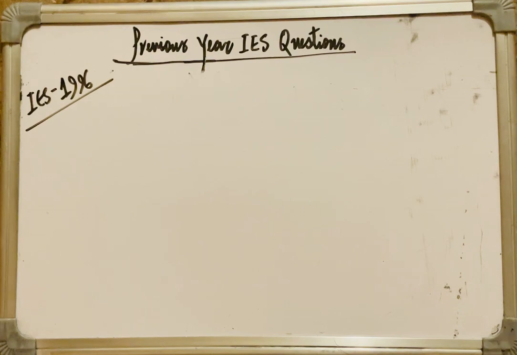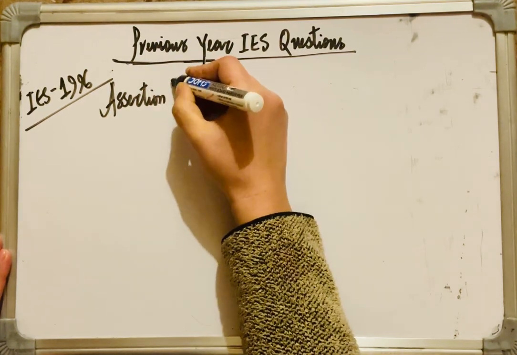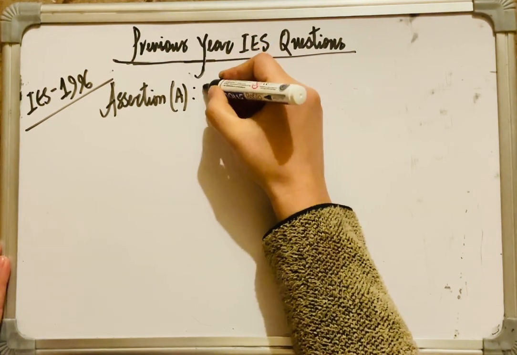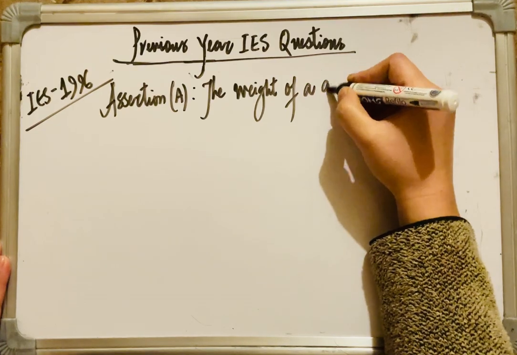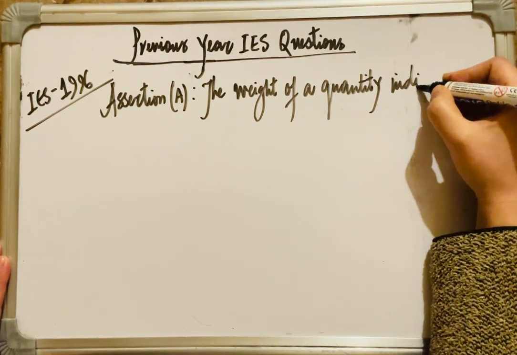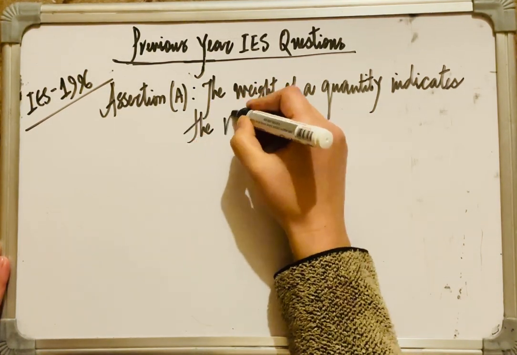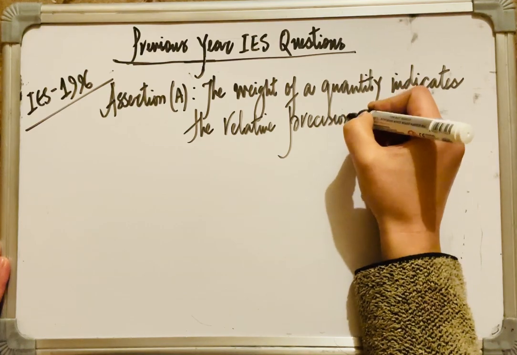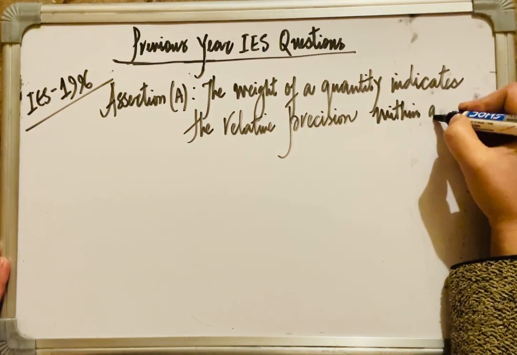And this is an assertion reason question, and the assertion reads as: the weight of a quantity indicates the relative precision within a set of observations.